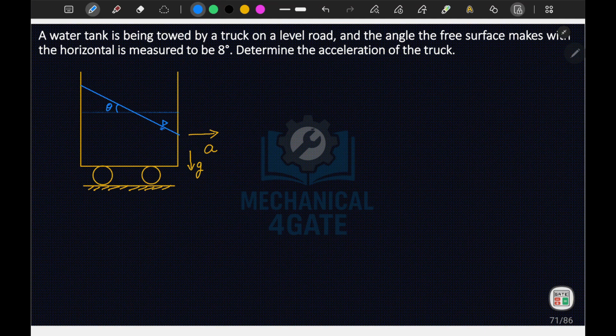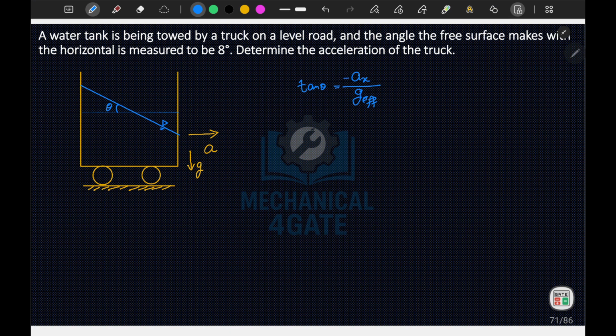Now from our previous study, we know that the slope tan theta is equal to minus ax divided by az plus g, or basically g effective. Now I know my ax is a.